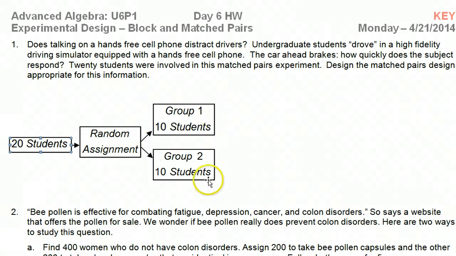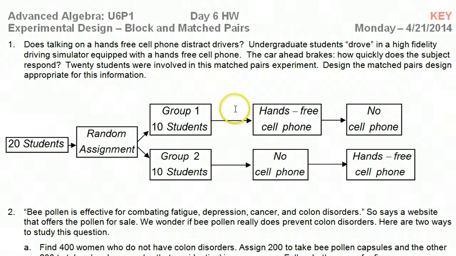Now we've got Group 1 and Group 2. Each group is going to receive both treatments though, because this is a matched pairs experiment. The only thing that's going to change is the order. So the two treatments are hands-free cell phone and no hands-free cell phone.